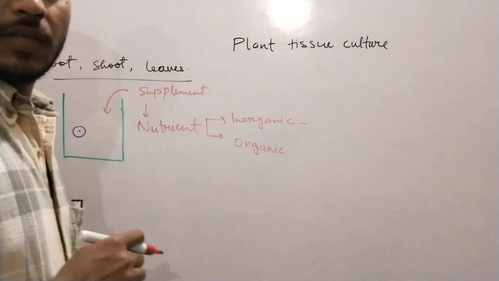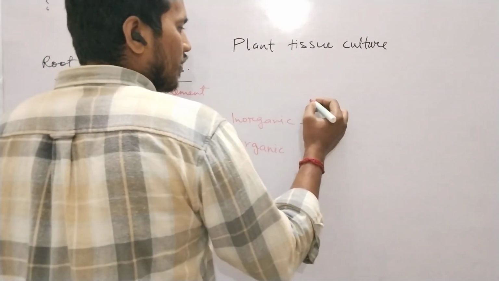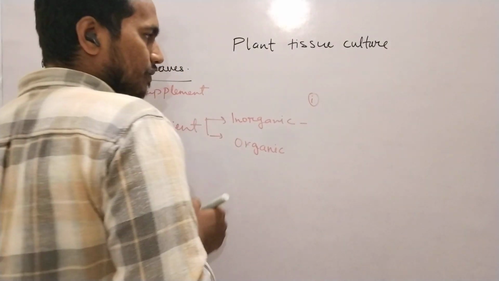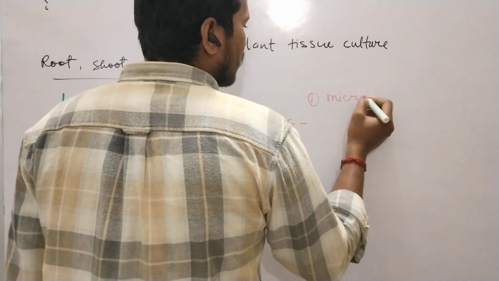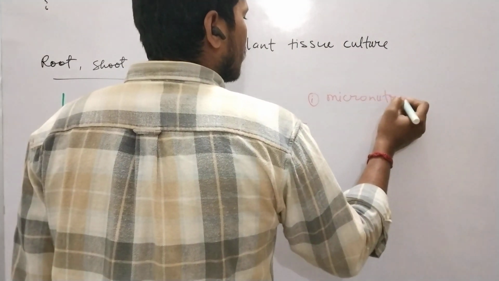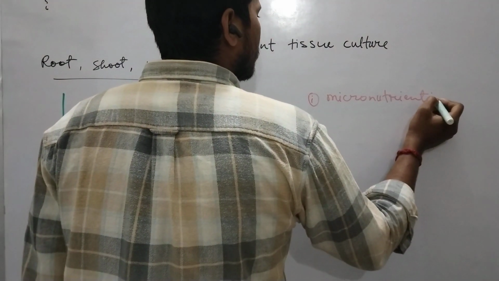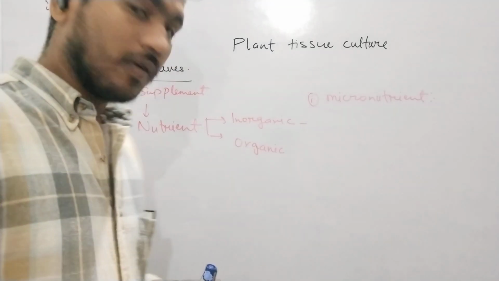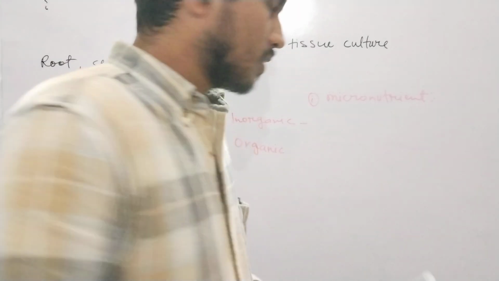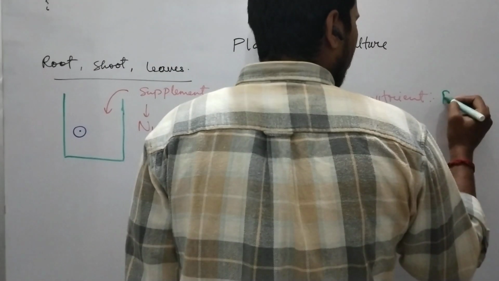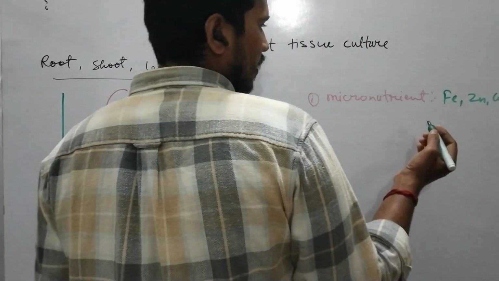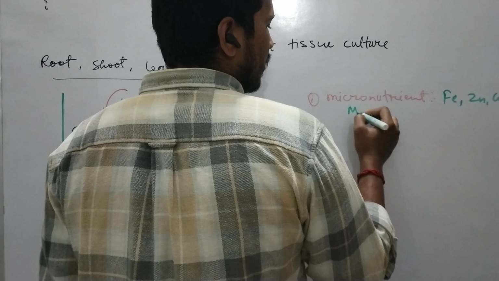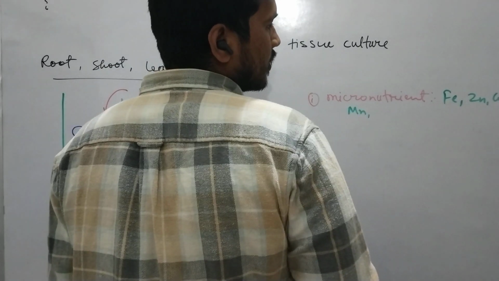In the inorganic type, the first is micronutrients. In micronutrients, the inorganic salts are, can you guess, iron, zinc, copper, manganese.